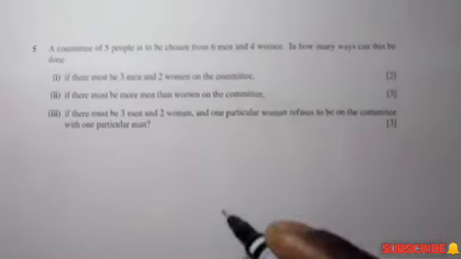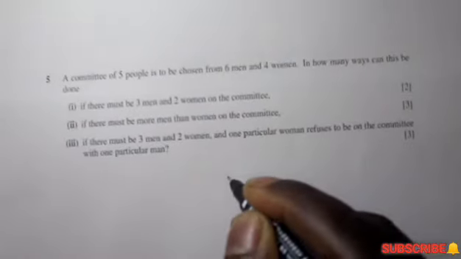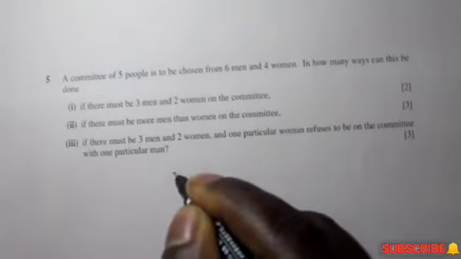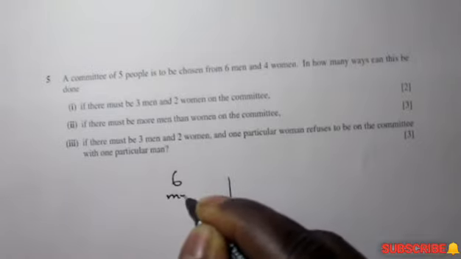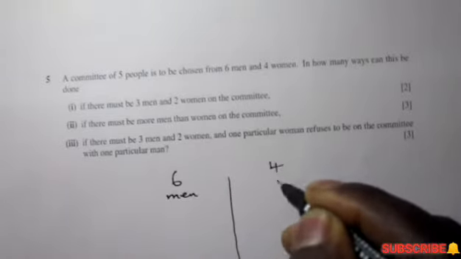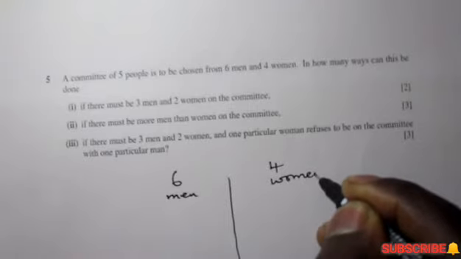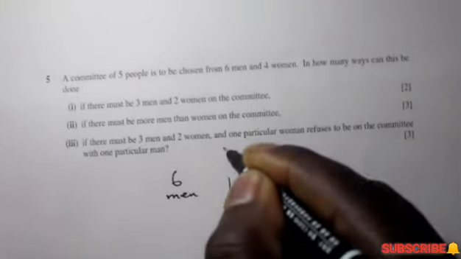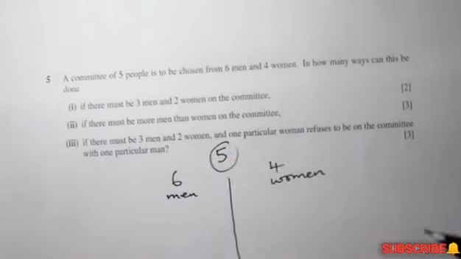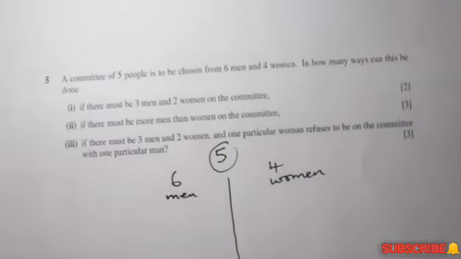Remember, we have 6 men and 4 women, and we want to choose a committee made up of 5 people. But here come 2 people who do not want to be in the committee together. One of the 2 people is a male, and the other is a female.